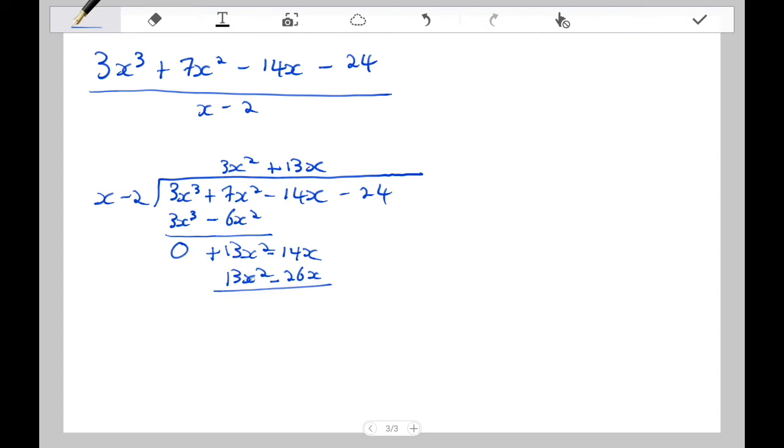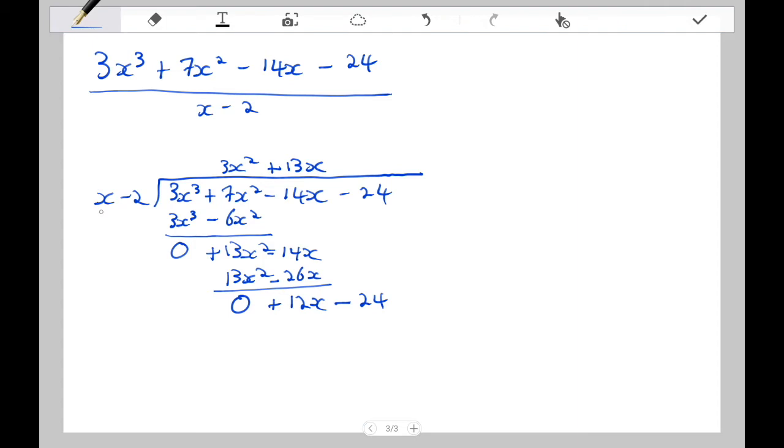So we have 13x squared minus 13x squared, which is 0. And then we have minus 14x minus minus 26x, which is minus 14x plus 26x, which gives us plus 12x. Okay, then we bring the minus 24 down again. We put that there. And we start again.